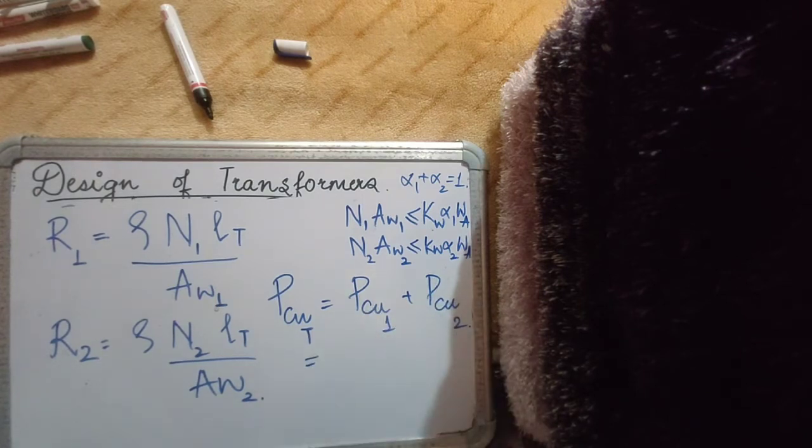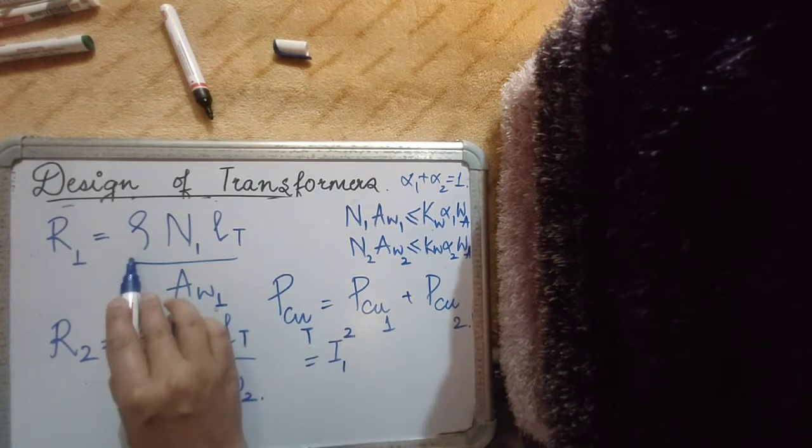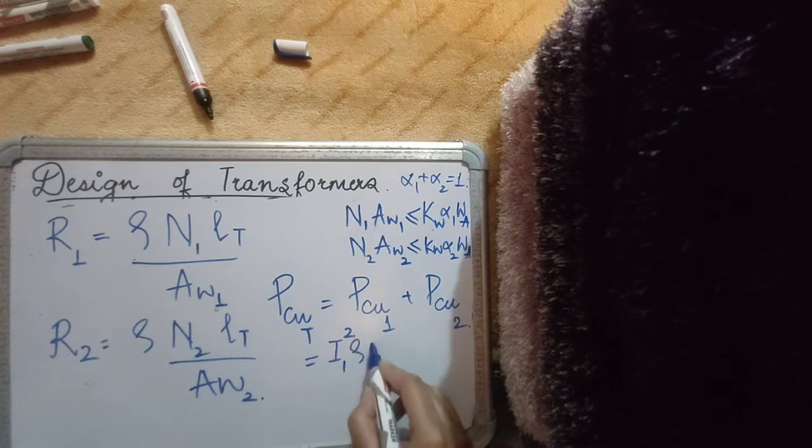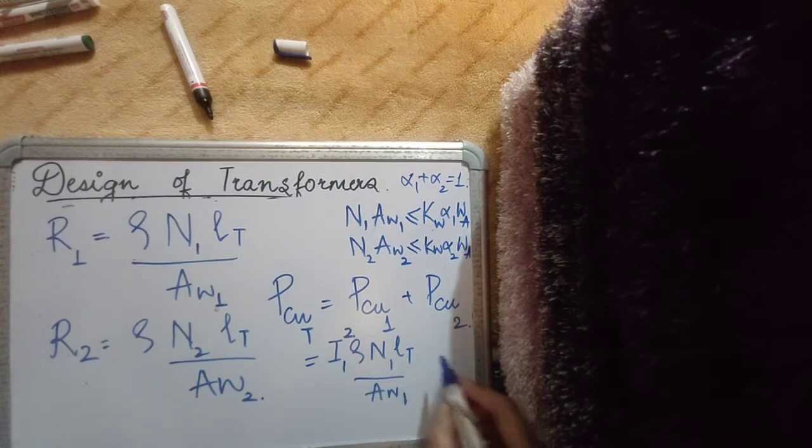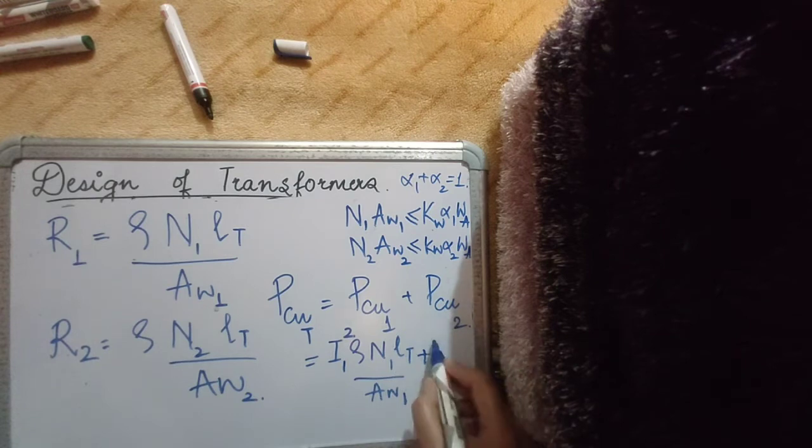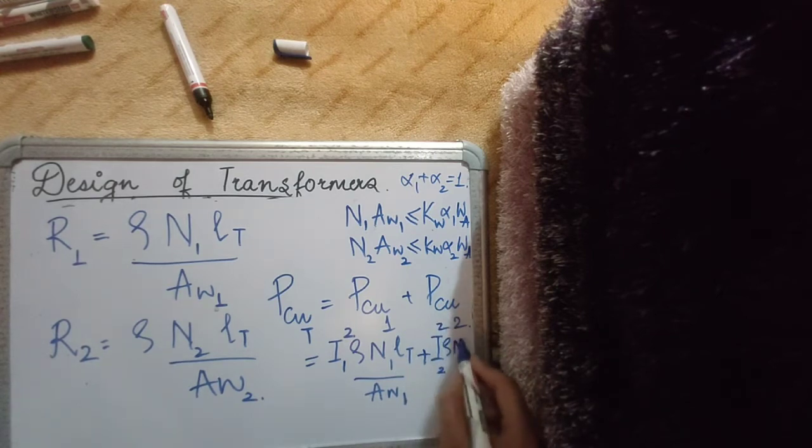The copper losses in the primary winding will be equal to the primary winding current squared times the resistance of the primary winding, which is rho N1 LT upon AW1, and the copper losses in the secondary winding will be I2 squared times rho N2 LT upon AW2.